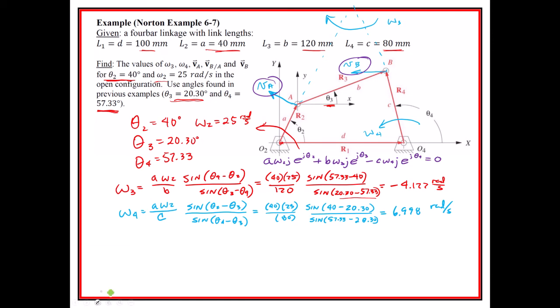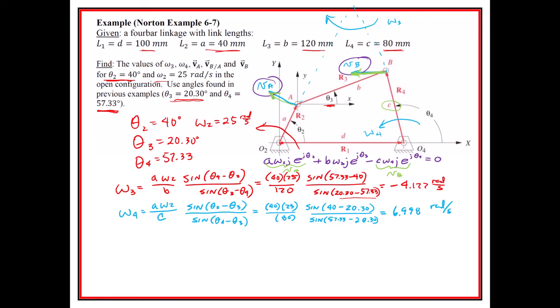And then this right here was VA. This right here is VB, because you would get this VB if you had omega 4 times the radius, C. C is the dimension. It's C times omega 4 is equal to VB up here, and A times omega 2 is VA.